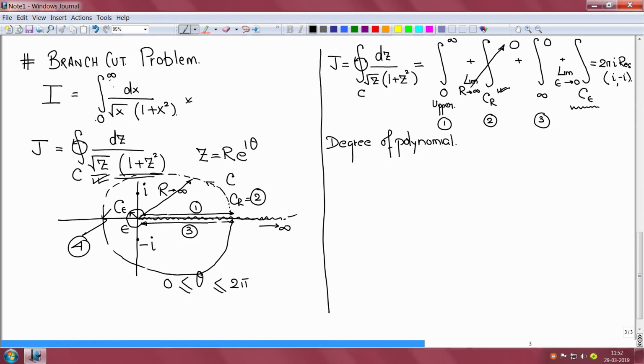On C epsilon, z is equal to epsilon e to the power of i theta. Epsilon being constant, I will move along theta. So dz is equal to epsilon i e to the power of i theta d theta.